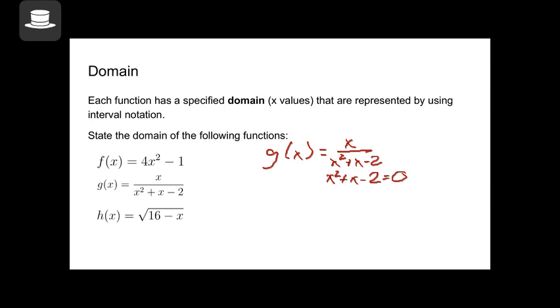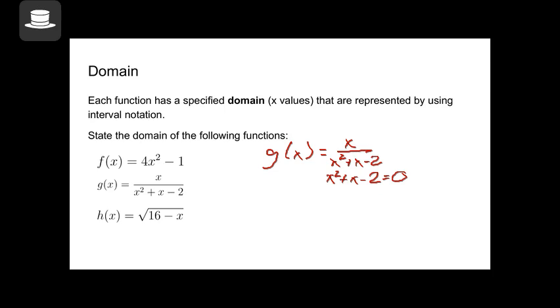So I want to identify when the denominator would be equal to 0, and I do that with factoring. Multiples of negative 2 are either 1 and negative 2 or negative 1 and 2. And which of those add together to give me positive 1?